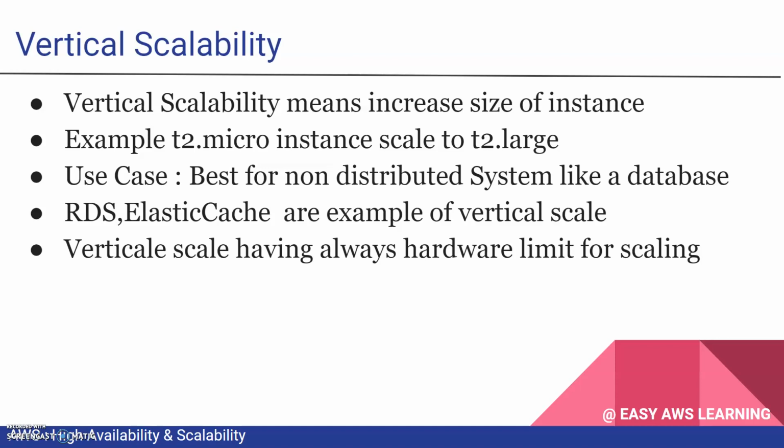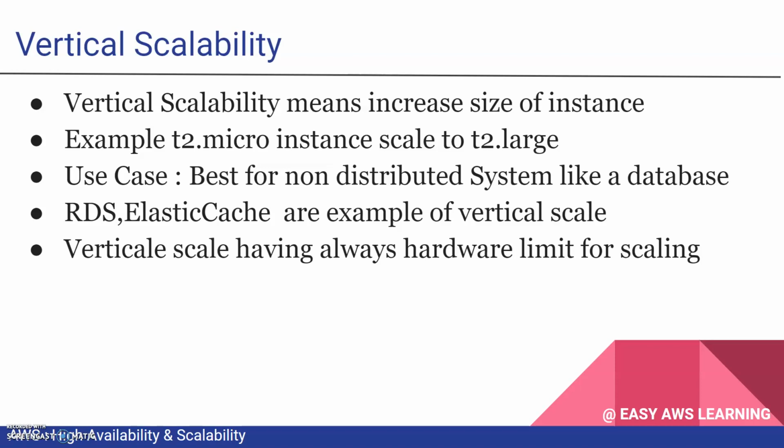For example, a junior developer writing code can write 10 modules in a day, but a senior developer can write 50 modules per day. So different configurations give different expectations. T2 micro has a limitation on certain applications, where T2 large solves that problem.